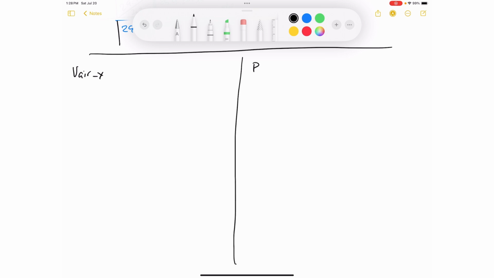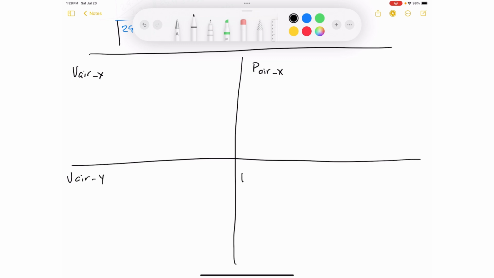So the position of the airplane in X, and then we'll also do Y too. We'll put it on one page. So the velocity of the airplane in Y, and the position of the airplane in Y.